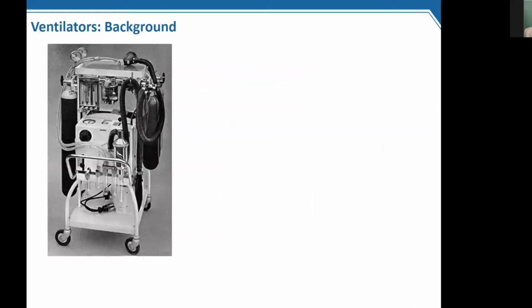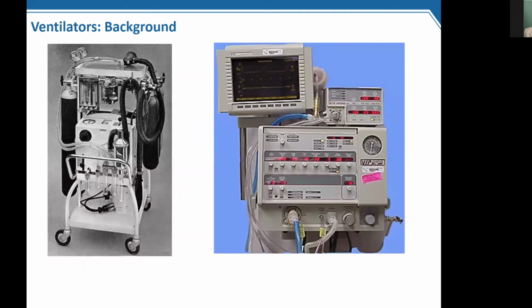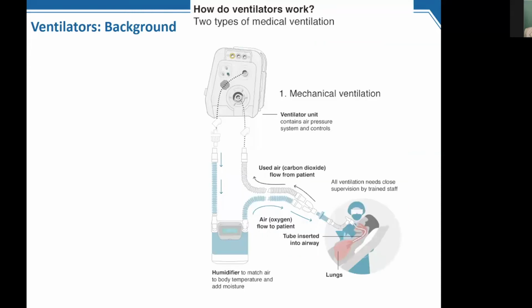So this is what a ventilator used to look like in the old days. As you can see, the oxygen cylinder, pressure valves, and hand-operated controls. This is what a modern day ventilator looks like with, of course, digital controls. In any case, both of them need a trained technician or anesthesiologist to manage this.